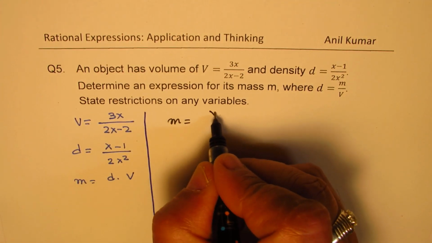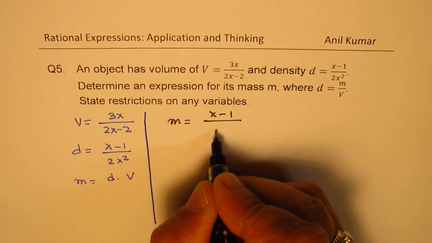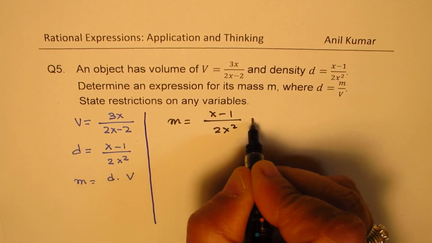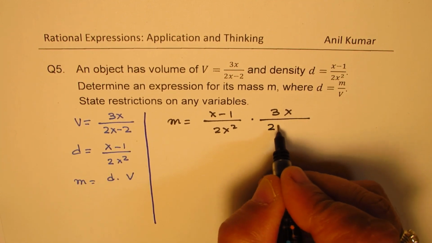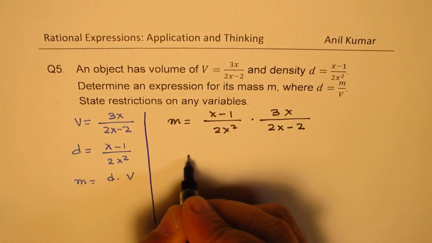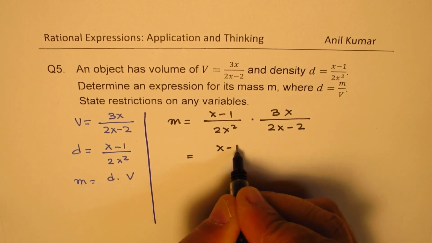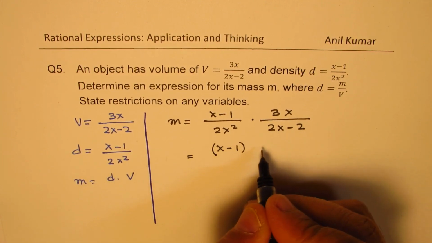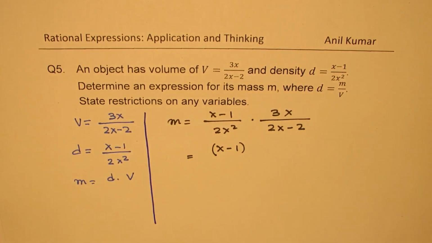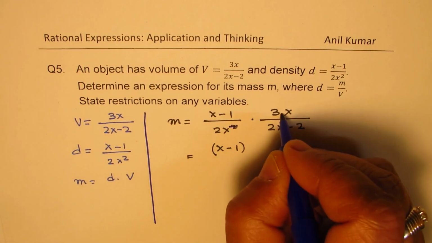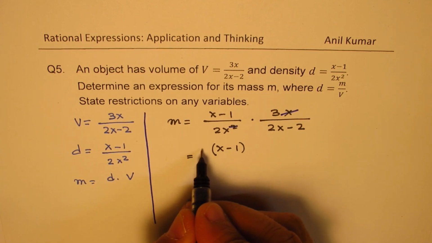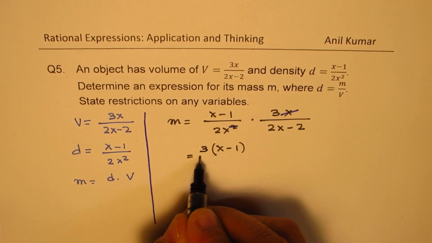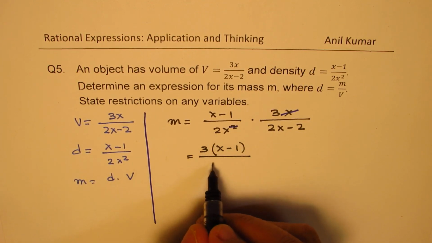We can write density first, it doesn't matter: x minus 1 over 2x squared times 3x over 2x minus 2, right? So we have x minus 1. 3x we could simplify, we could get rid of 1x here. So we get this times 3 over 2 is already here.